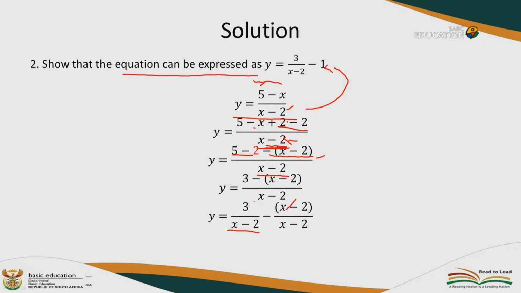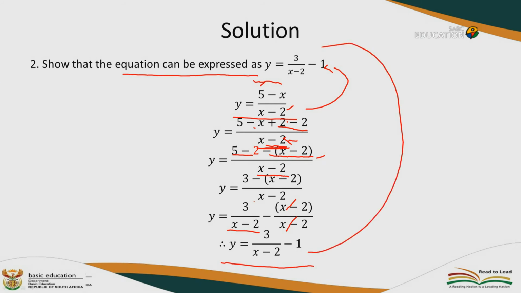These I can divide and they give me negative 1. So my equation can be given as y equals 3 over x minus 2 minus 1, which is basically what they wanted us to show.